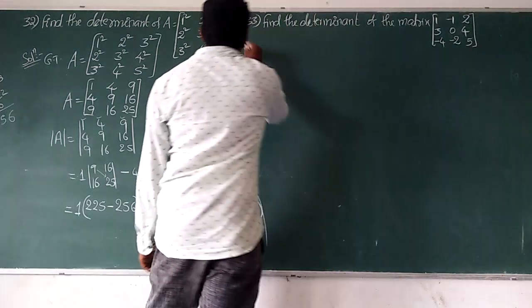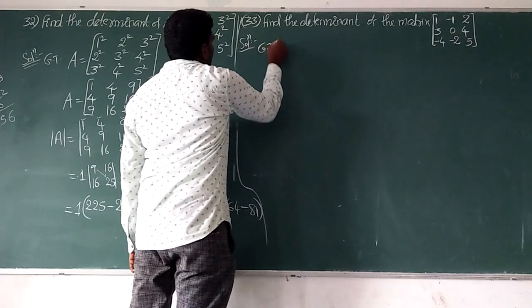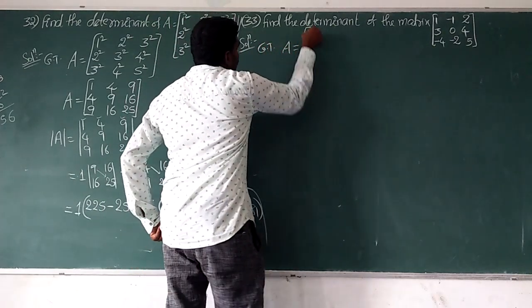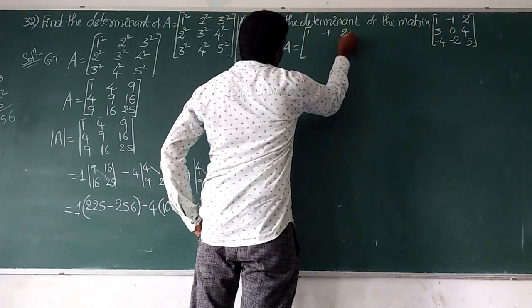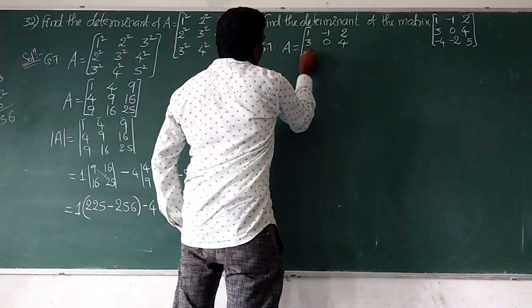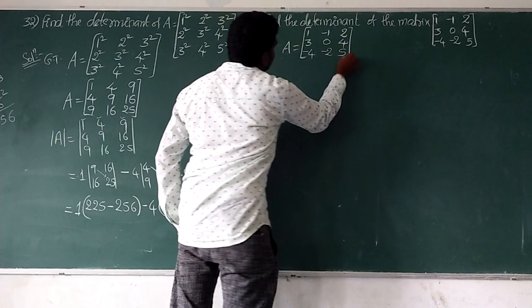Okay. Solution. Given that, let matrix A equal 1 minus 1 2, 3 0 4, minus 4 minus 2 5.